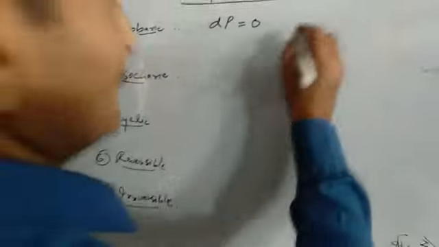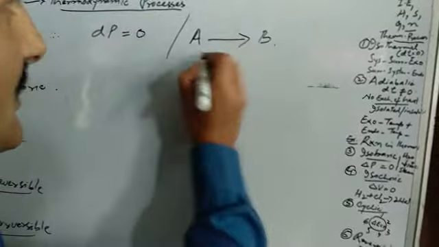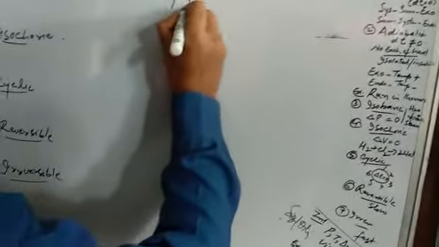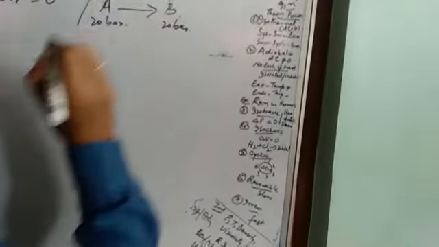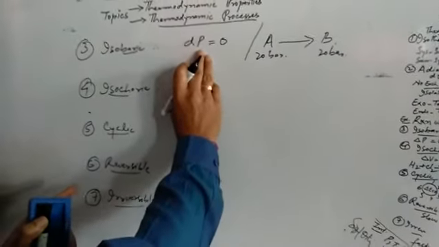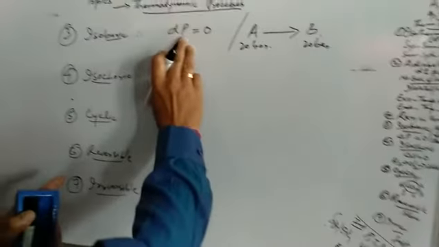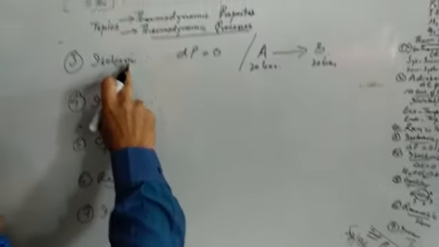That means suppose a system A is changing to system B, if this is taking place at a pressure of suppose 20 bar, when it changes to system B, its pressure should remain the same, that is 20 bar. So there should be no change in pressure. So any thermodynamic process where there is no change in pressure, that is delta P is always 0, such a process is known as isobaric process. So bar for pressure, because the unit of pressure is bar.